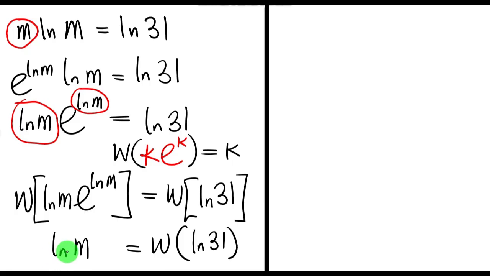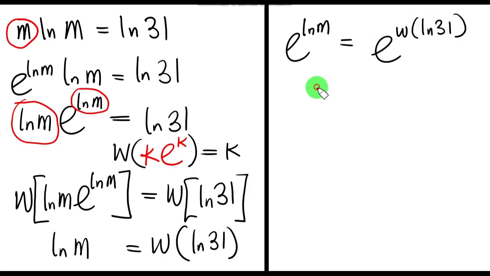We're going to apply exponential to both sides of the equation. We're going to have exponential of ln m equals exponential of Lambert W function of ln 31. Quickly remember that when we say ln m, because it is a natural log, we mean log of m to base e.